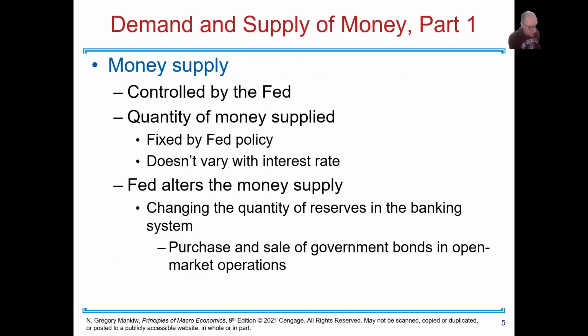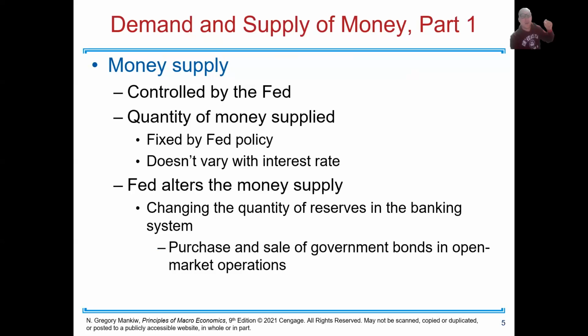The money supply, as you know, is controlled by the Federal Reserve. They control how much money is in circulation, quantity. The Federal Reserve uses fiscal policy, not interest rates, but policy, to control the amount of money, currency, in circulation.